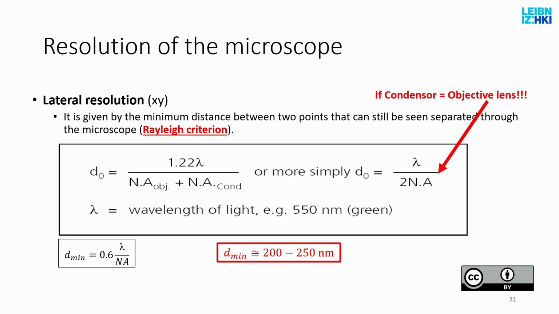You don't always need, for example, a super resolution microscope, which we will talk about later, where the resolution is even higher. Sometimes, but you have to be aware of what you actually need.